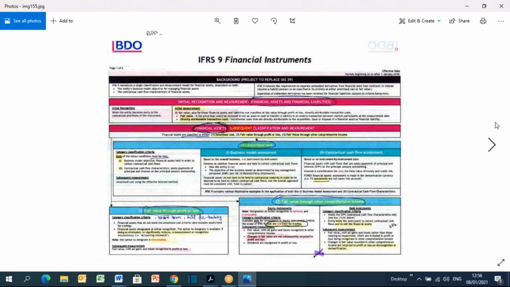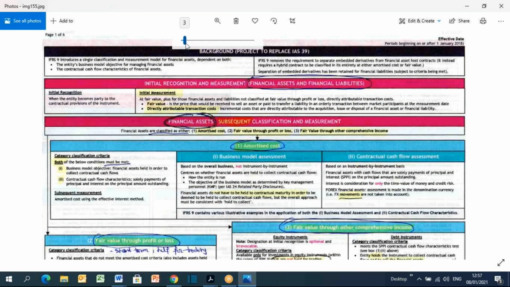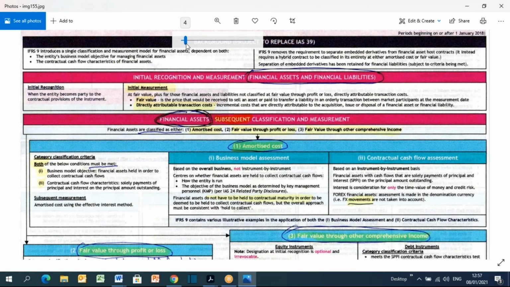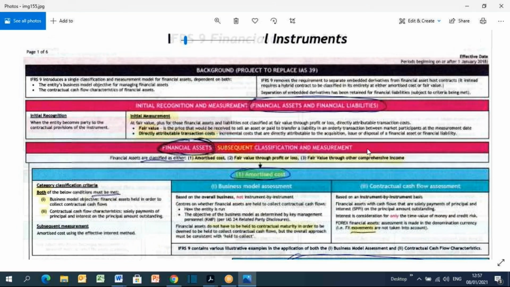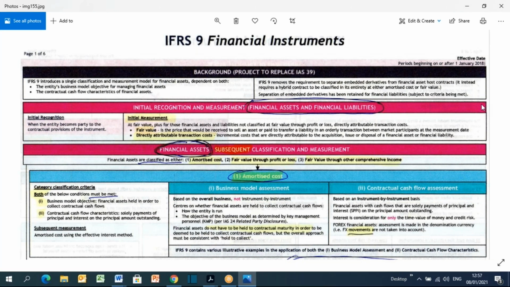Now, if we move on, right, IFRS 9. When it comes to IFRS 9, so many questions are in the kit, and I know that this can be a very tricky standard, both in terms of knowledge and in terms of calculation.